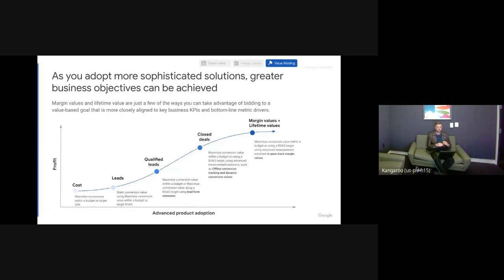So basically what that does is it creates a subsection of those existing data points and says, okay, here are all of the data points of customers that filled out a lead form. And then maybe 50% of those customers turned into qualified leads.